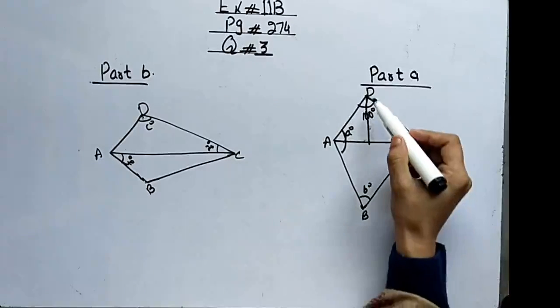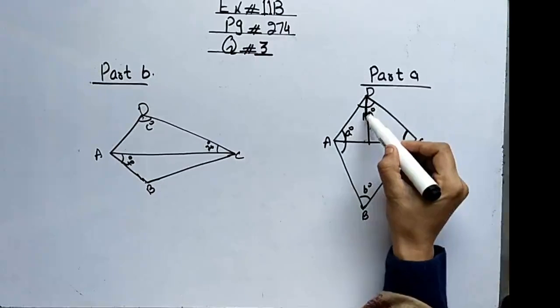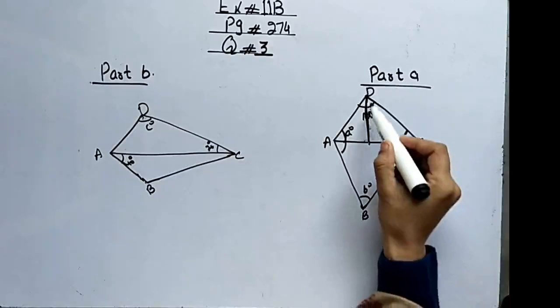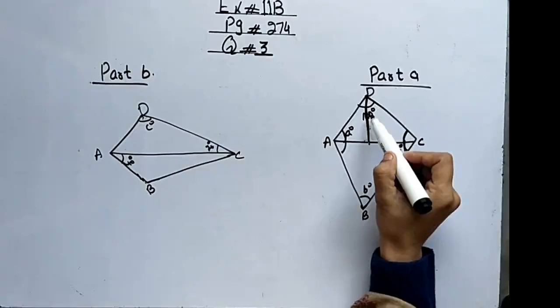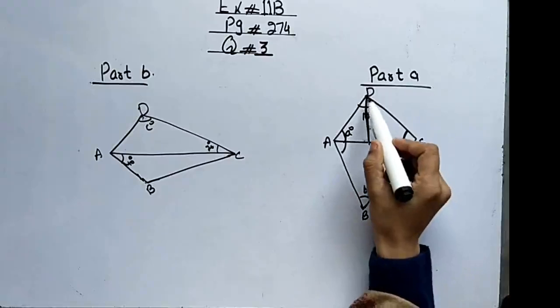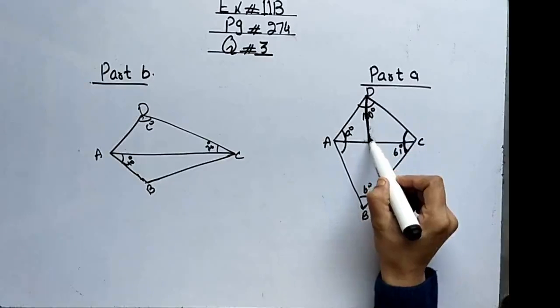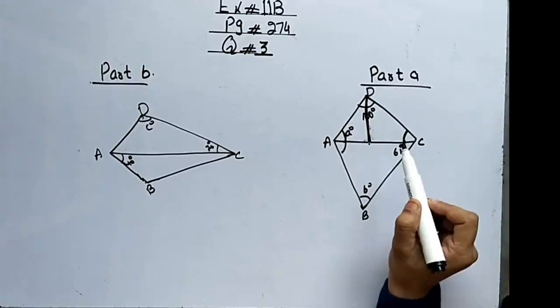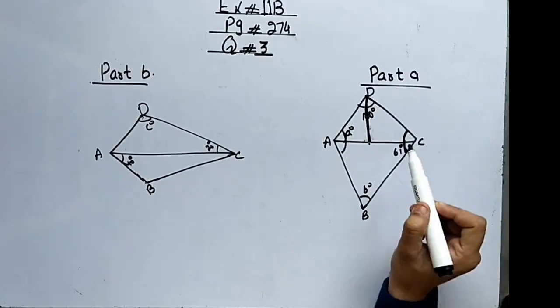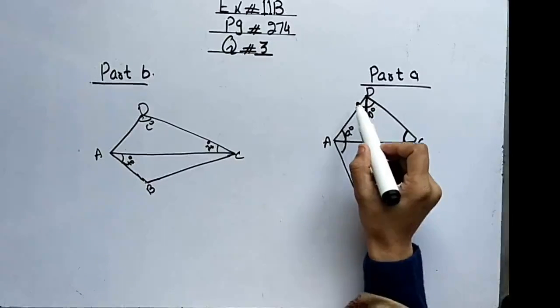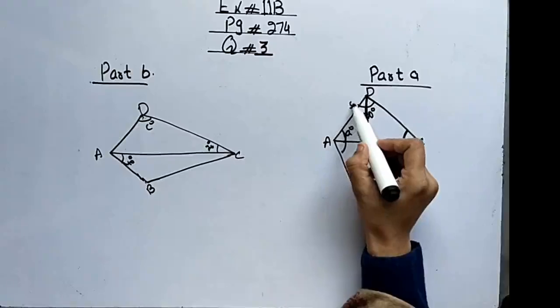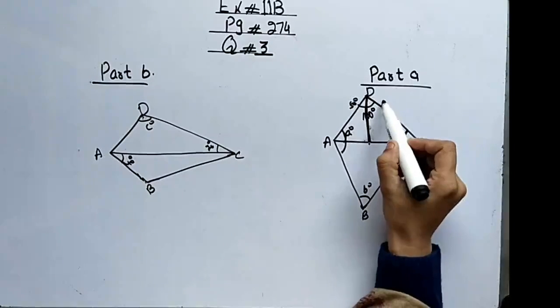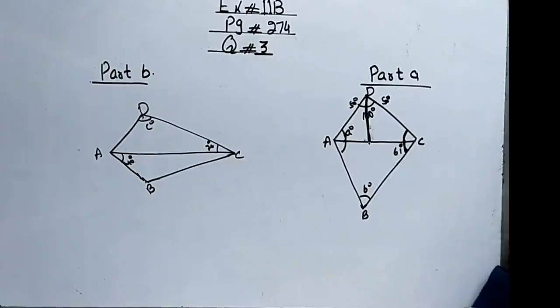It means I have to divide this whole angle, which was 100 degrees, into two parts. So this part will become 50 degrees and this one will also become 50 degrees.